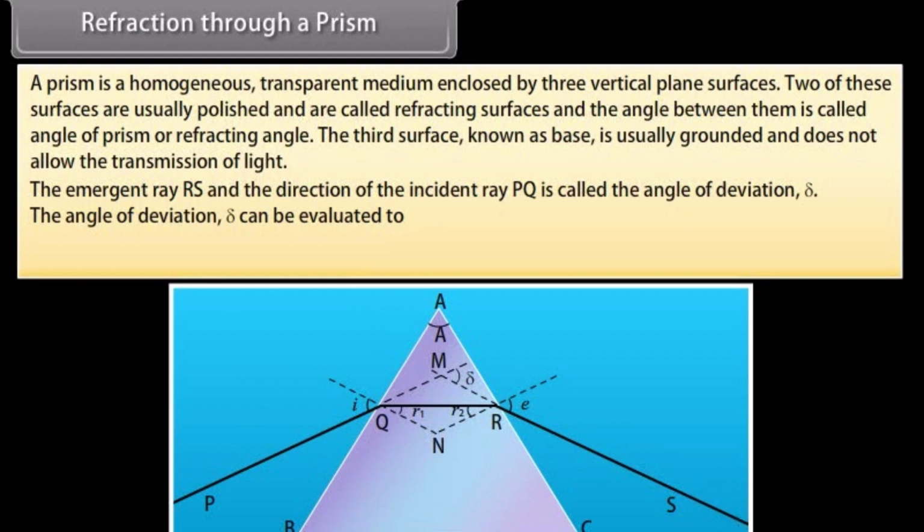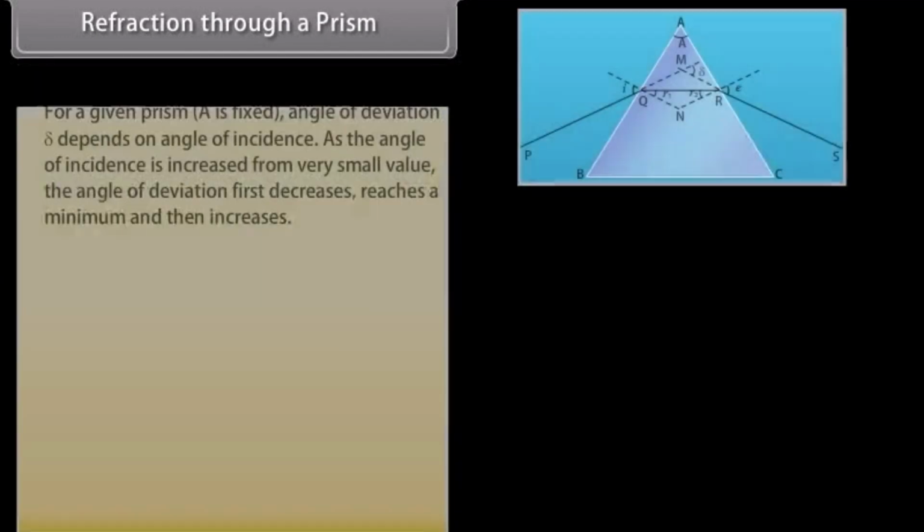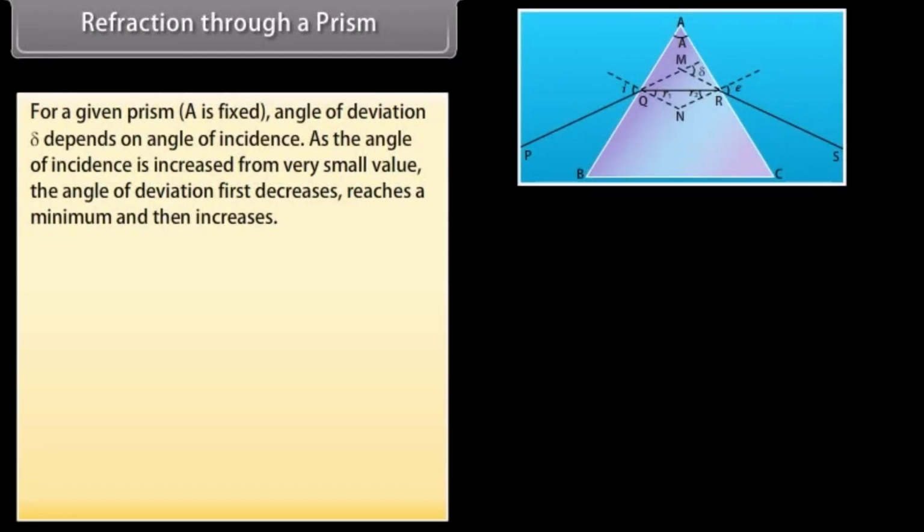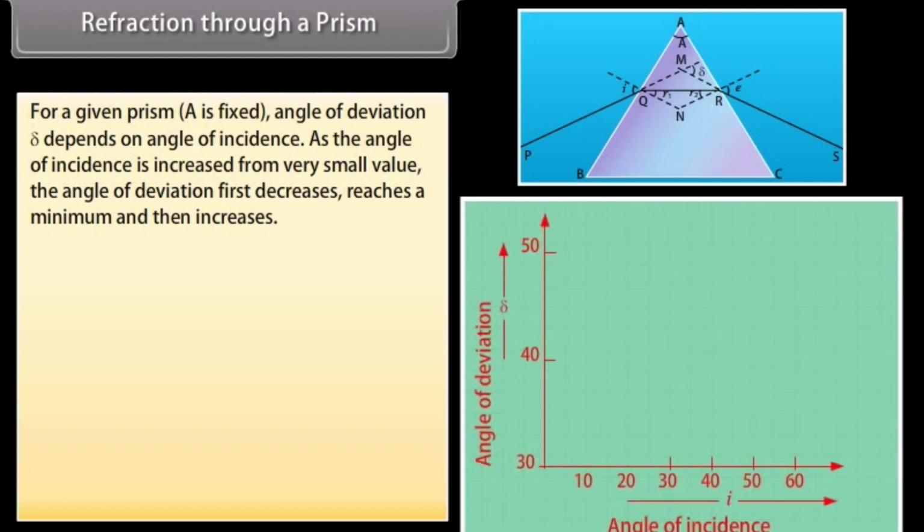The angle of deviation delta can be evaluated as delta is equal to i plus e minus A. For a given prism, A is fixed, so the angle of deviation delta depends on the angle of incidence. As the angle of incidence is increased from a very small value, the angle of deviation first decreases, reaches a minimum, and then increases.